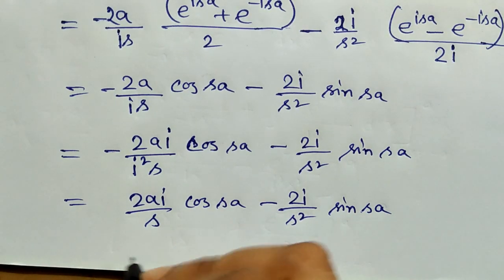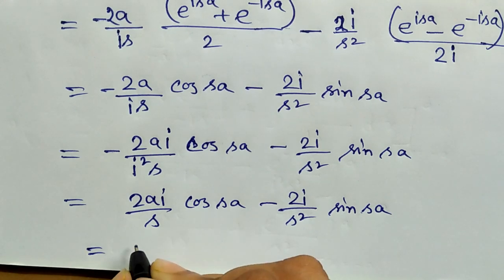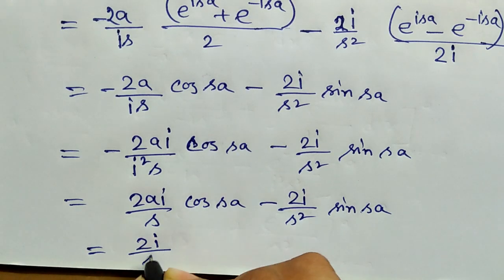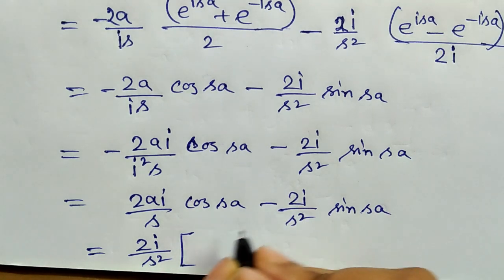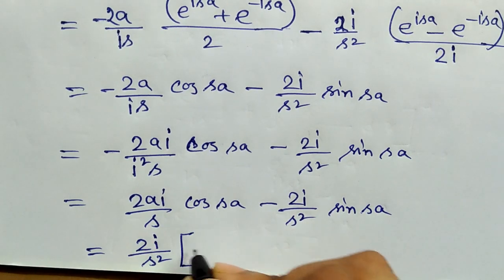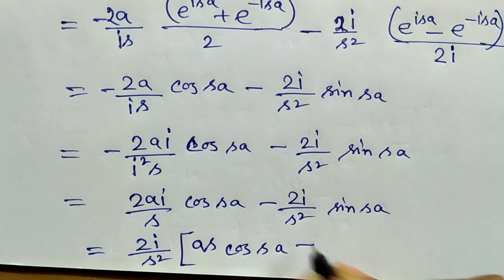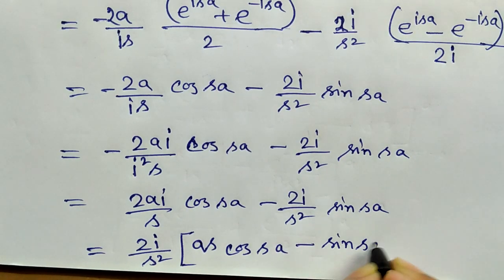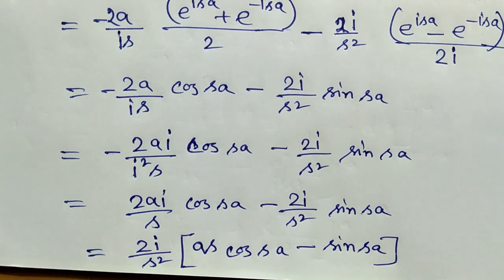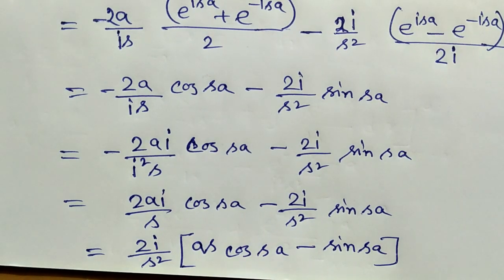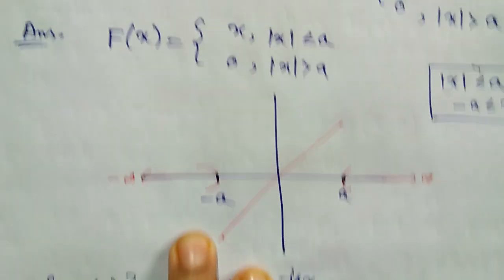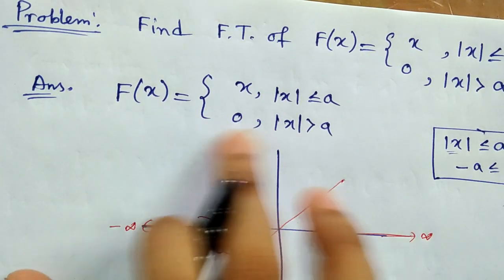This can be written in this way also: 2i by s squared, times s a cos sa minus sin sa. So this is our required Fourier transform of the given function F(x).